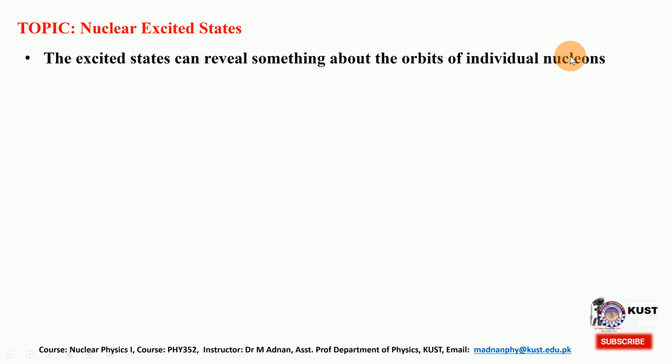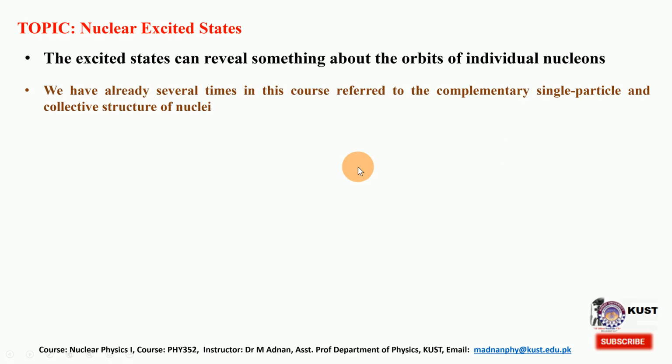Just like in an atom, we make excited states by moving individual electrons to higher energy orbits, in the same way with individual nucleons, and thus the excited states can reveal something about the orbits of the individual nucleons.